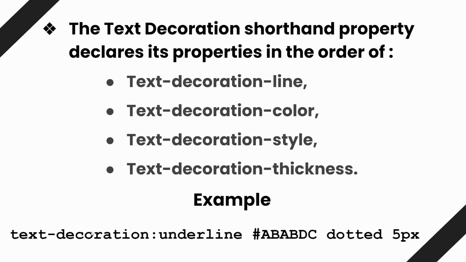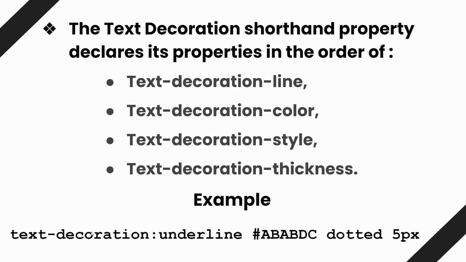And lastly, we have 5 pixels, which is represented by the text decoration thickness. So this would actually mean you are going to have a text with an underline in a light gray color, in dotted style, and 5 pixels of thickness. That's how the example for this particular shorthand would appear on the screen.